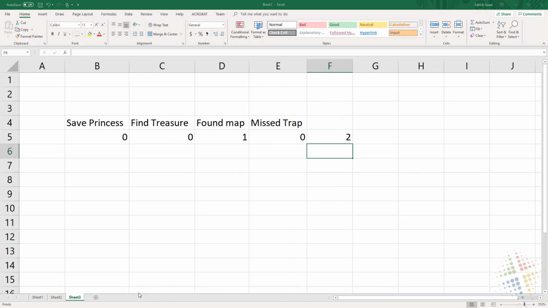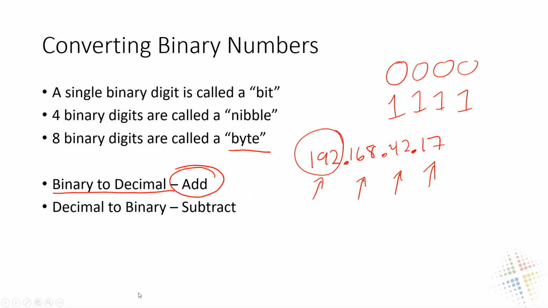All right, so there we go. We have our bits, we have our nibbles, we have our bytes. We normally use bytes for most everything out there in the world. Occasionally we will use a nibble or a bit. In order to convert from binary to decimal, we add these numbers out. We break them out according to our powers of 2.